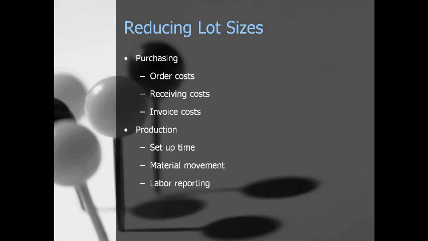The big one in production is setup time. How long does it take to get the piece of equipment ready to produce the first good piece? If you have a setup time of 12 hours, you're going to run as many parts as you can before you break down that setup.